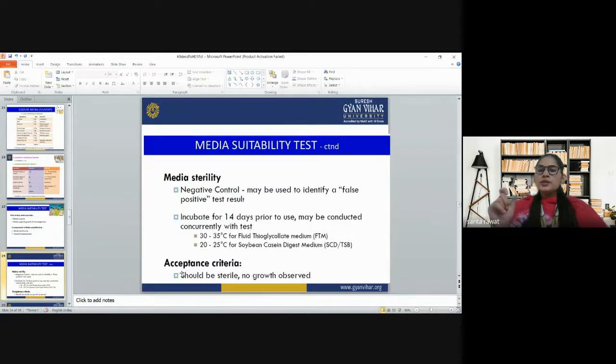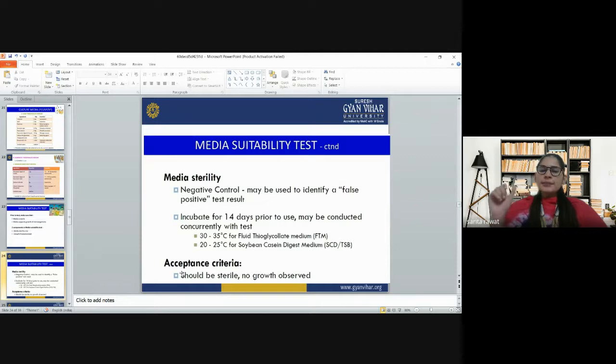A negative control may be used to identify a false positive test result, and it is incubated for 14 days prior to use, or may be conducted concurrently with the test, at 30 to 35 degrees Celsius for fluid thioglycolate medium and 20 to 25 degrees Celsius for soybean casein digest medium.